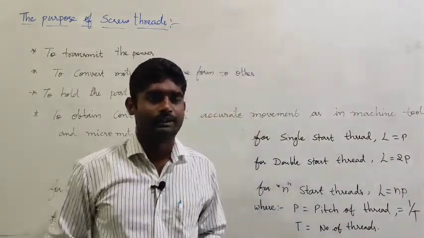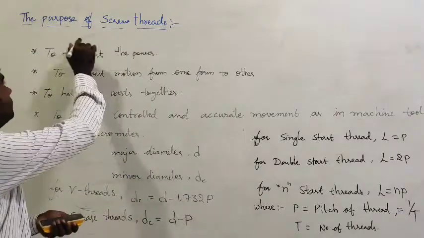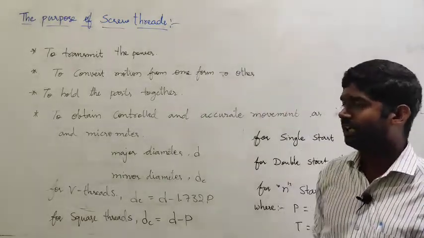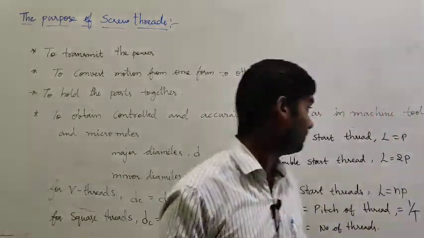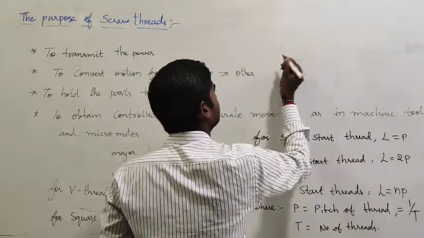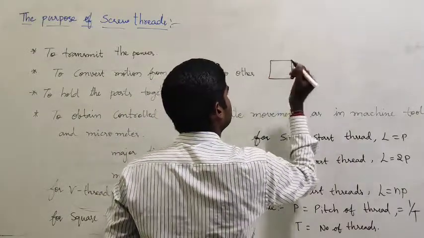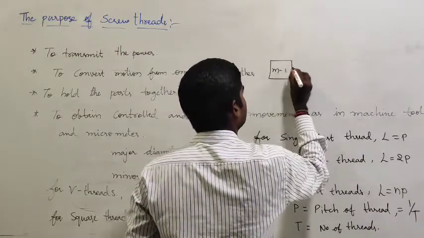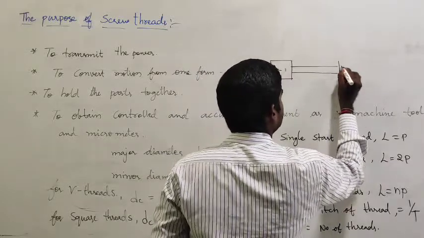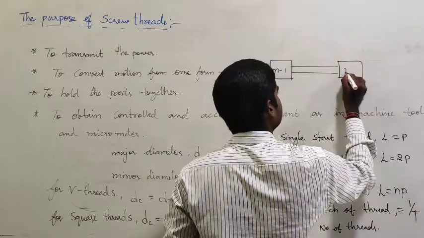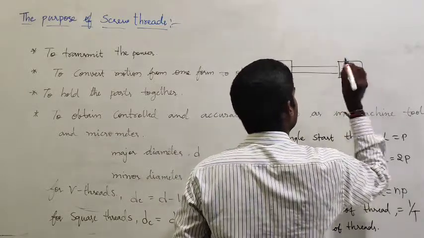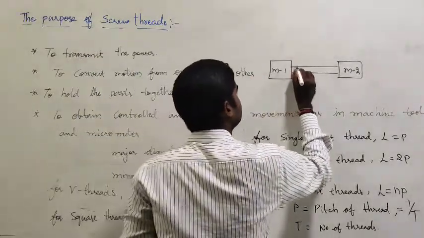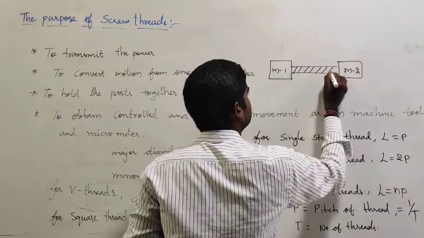Okay, coming to the next topic, let's see the purposes of screw threads. What are the uses of screw threads? One is to transmit power from one place to another, from machine element 1 to machine element 2, using screw threads.